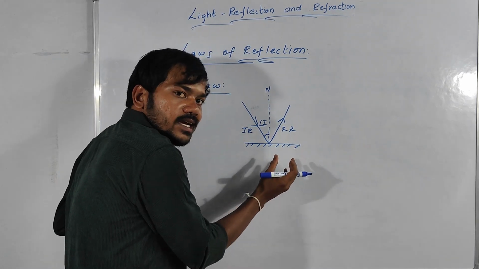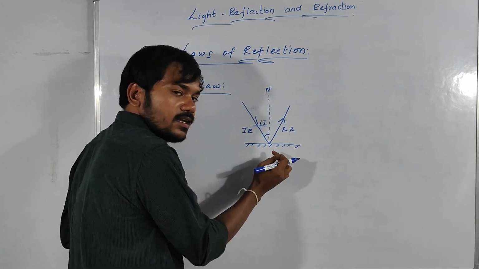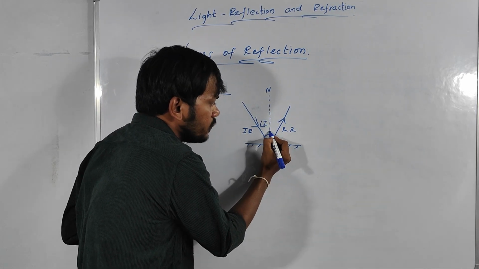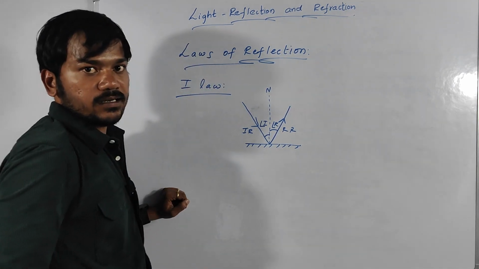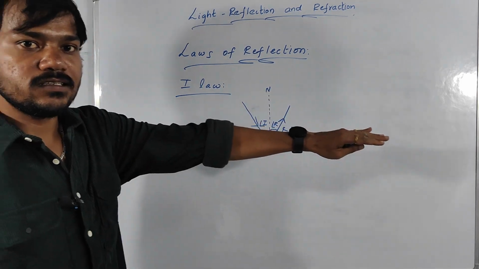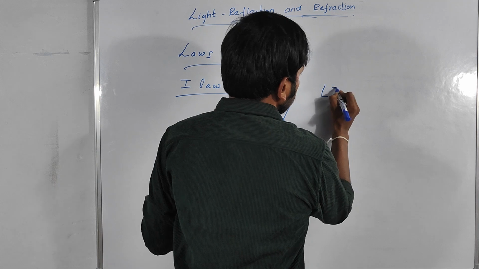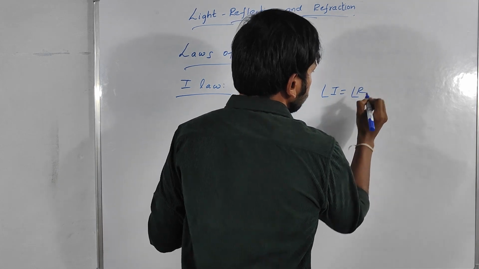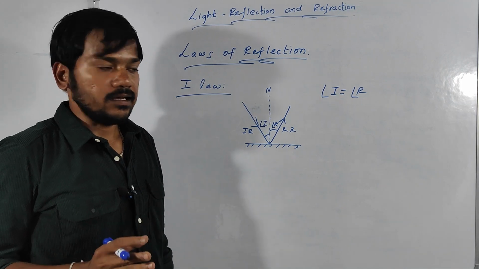And again, what is the angle of reflection? The reference and the reflected ray are inclined to each other and form the angle of reflection. The first law says the angle of incidence is equal to the angle of reflection. That is, angle I is equal to angle R.